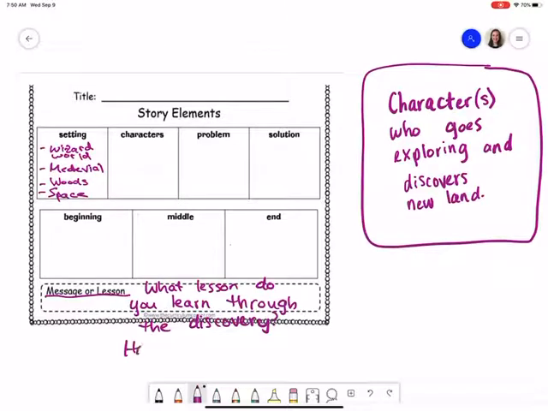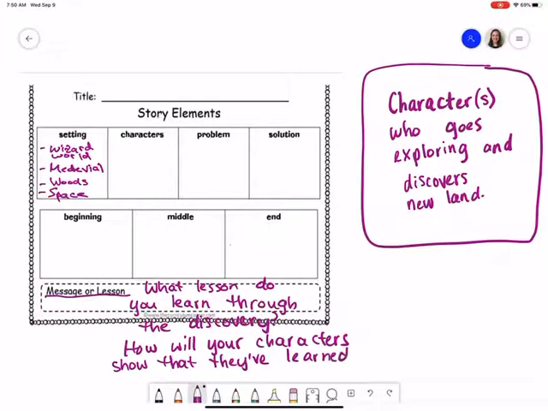And how will your characters show that they've learned the lesson? Okay? Just some things to think about as you write. Okay? You have this with you.